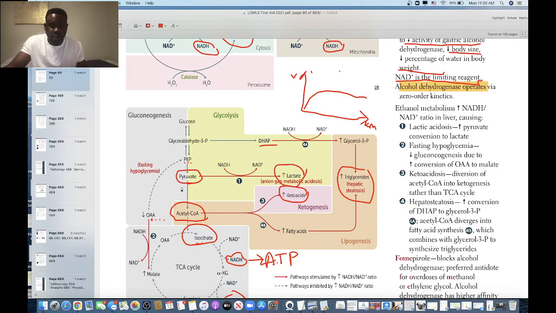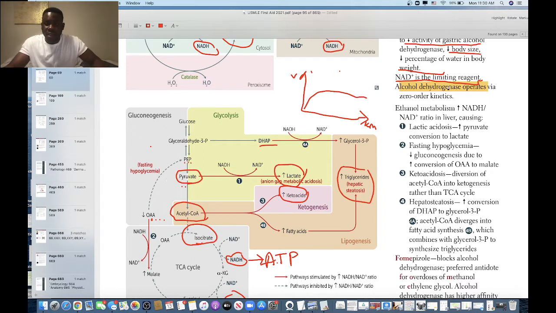And then pyruvate has 3 carbons, acetyl-CoA has 2 carbons. So now this oxaloacetate should be converted into PEP ideally, but the enzyme it needs is enzyme 16, that's PEP carboxykinase. And then the cofactor there is the niacin.